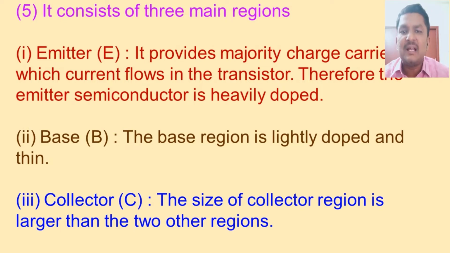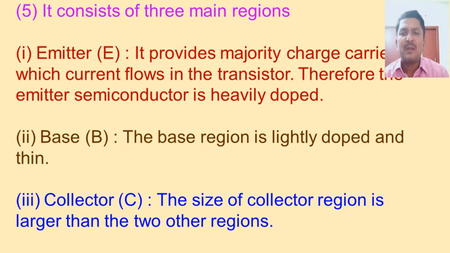The width of the emitter is slightly less than that of collector region. So even though both are P-type semiconductors in the case of PNP transistor, the P-type semiconductor which has the lesser width is emitter and which has greater width is collector.